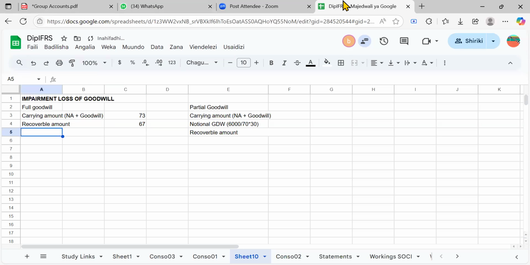And what would be the impairment loss? Is there an impairment loss or not? No. Why are you saying no? I don't know why you're saying no. Carrying amount 73, recoverable amount 67. Why are you saying no then?